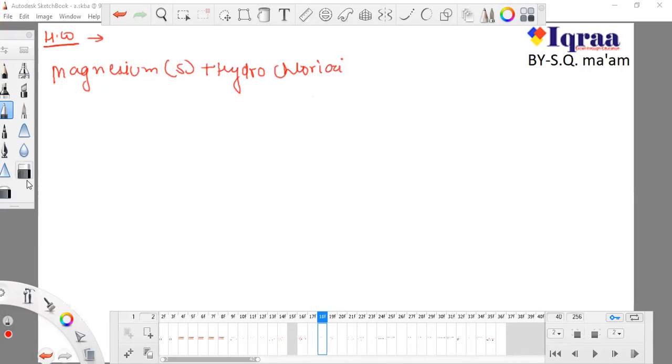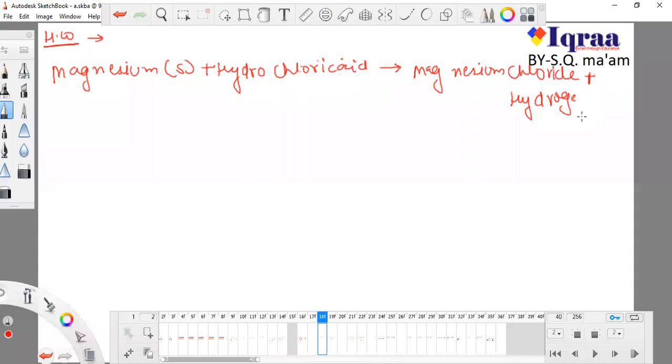Magnesium plus hydrochloric acid gives magnesium chloride plus hydrogen. Remember one thing, that hydrogen means H2.